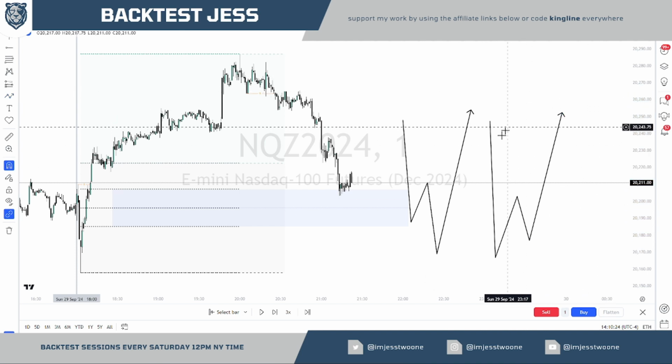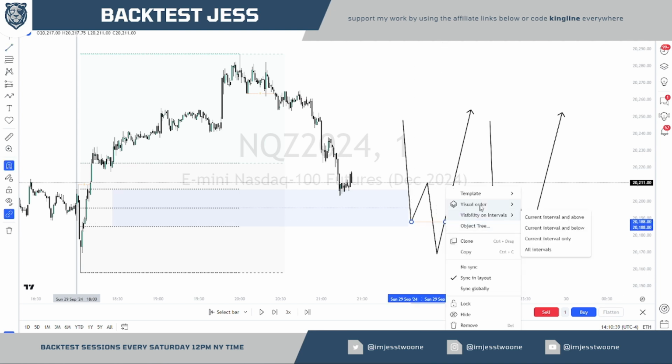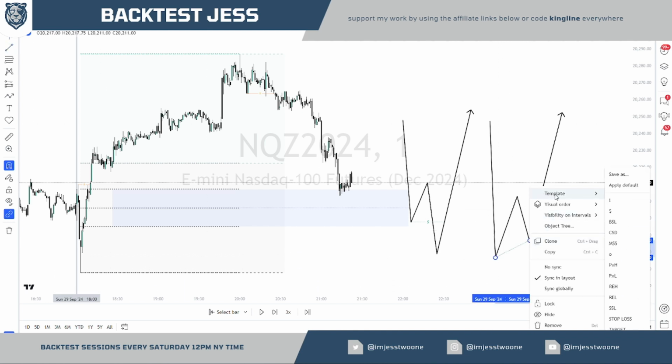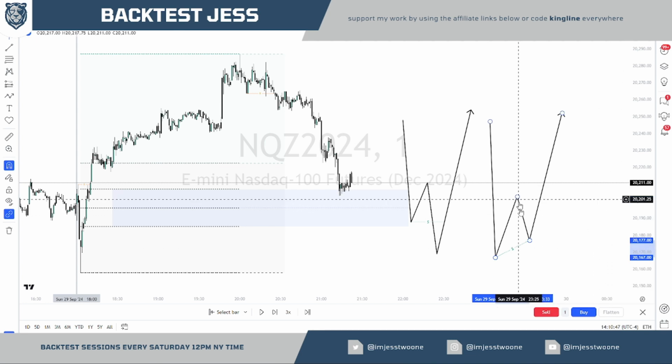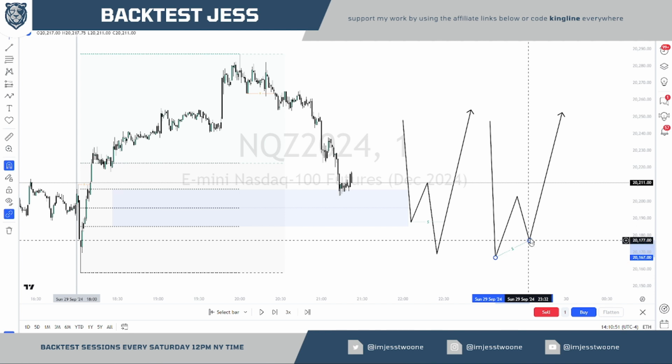And the concept of this, again, is that in one concept, you have a run on stops. In the next concept, you have a failure swing, which is a form of manipulation in the fact that usually people are thinking this is going to get ran.